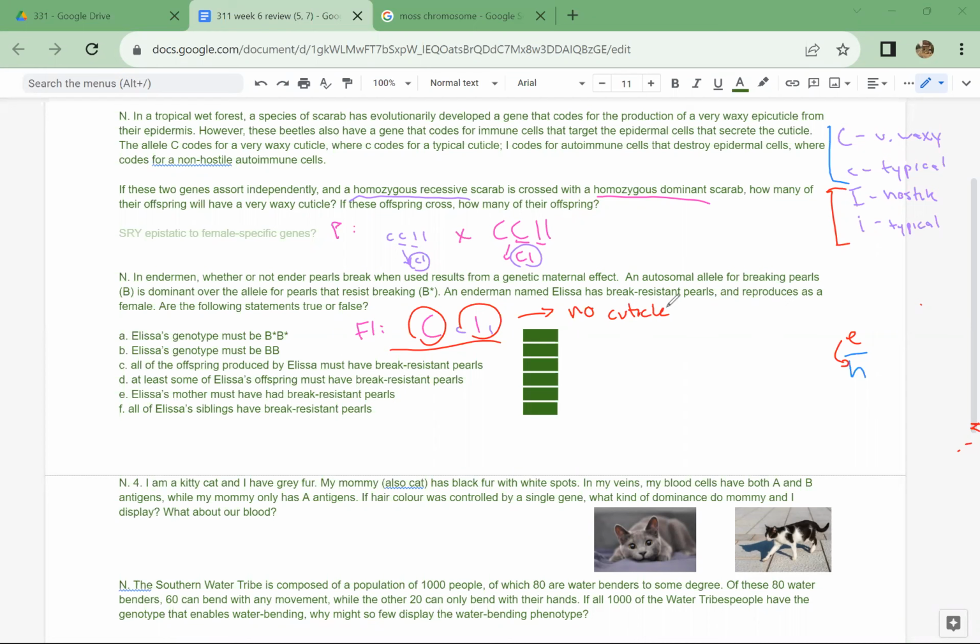So 100% of the individuals in the F1 generation will have this phenotype and this genotype. So how many of their offspring will have a very waxy cuticle? 0%, because 100% of them have no cuticle at all. And now we can move on to the next part of the question. If these offspring cross, how many of their offspring will have a very waxy cuticle?